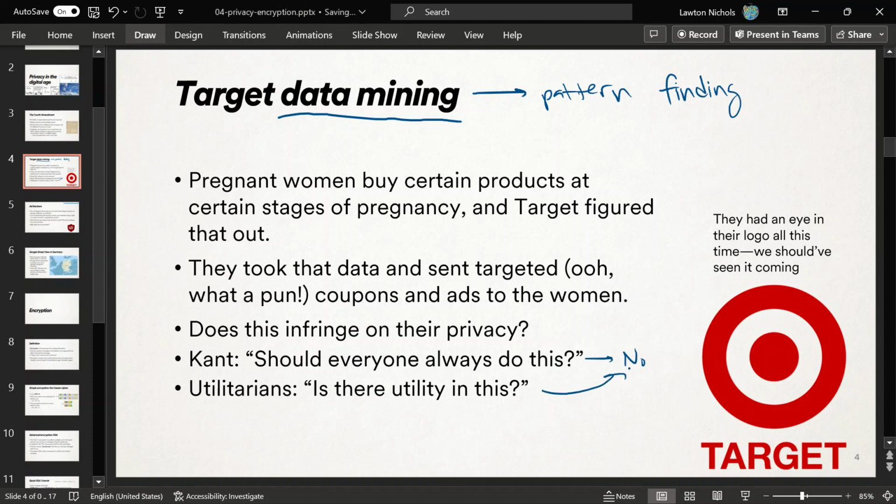So maybe that leans you towards no. But on the flip side, you could argue that if these women were going to buy this stuff anyway and they're getting coupons for it, now it's cheaper, maybe that's a good thing. So there are two sides to every coin here, and that is a fun example to ponder.